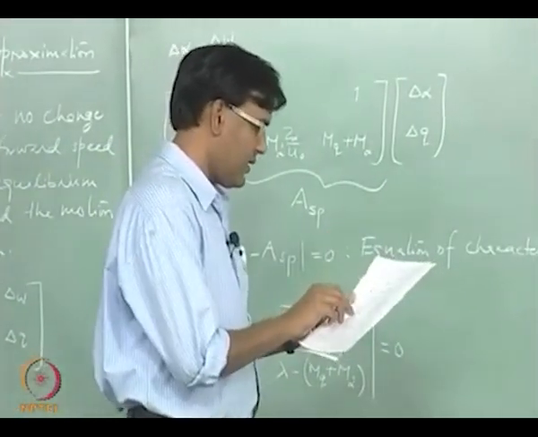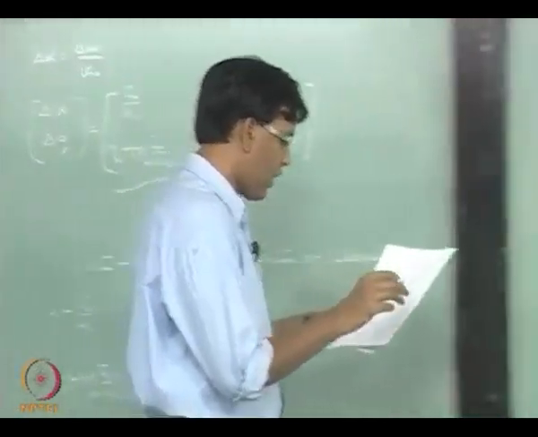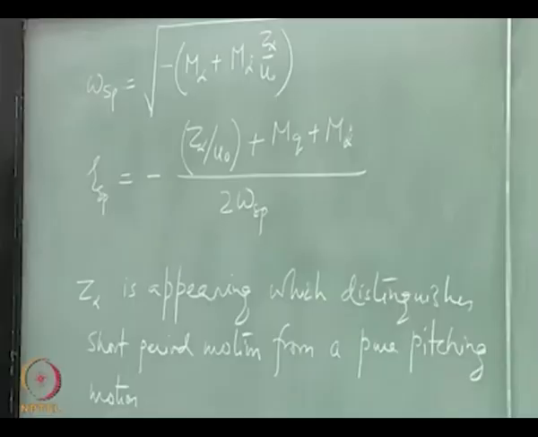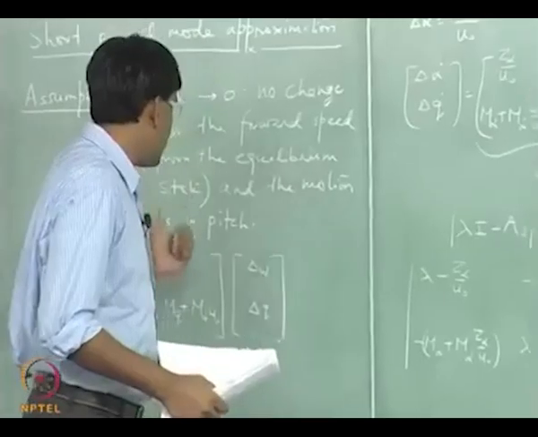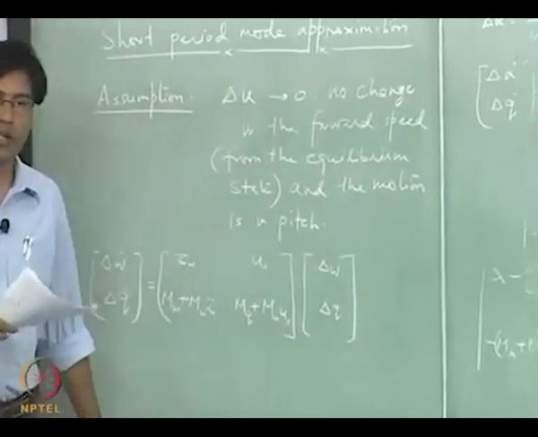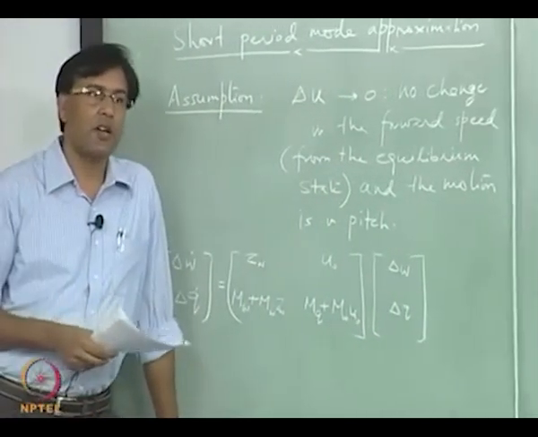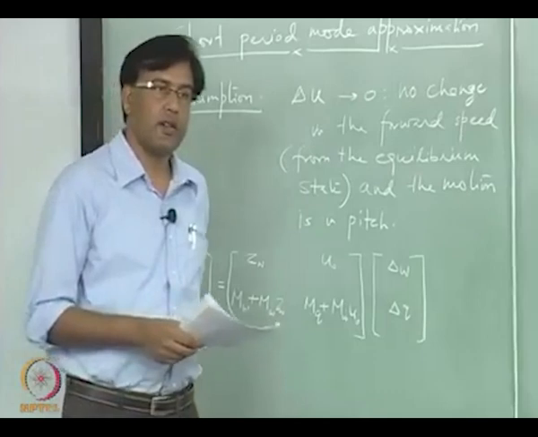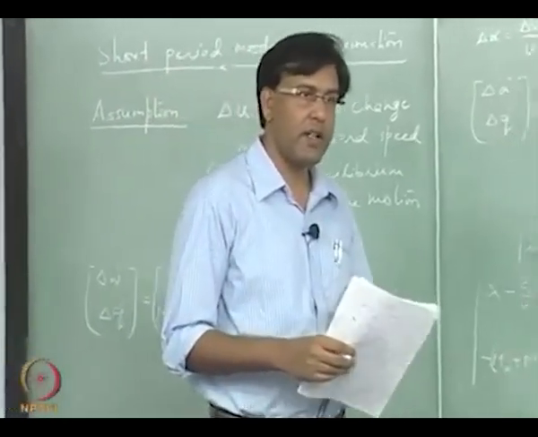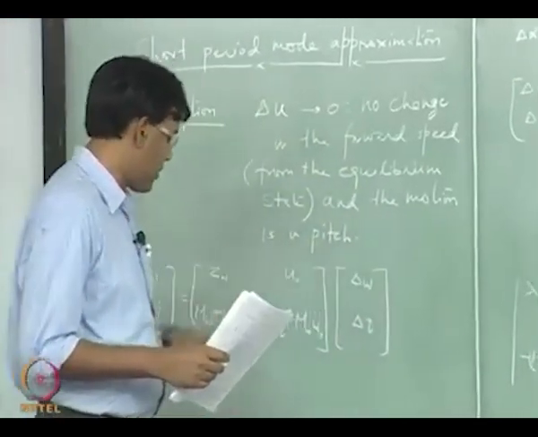Now, what we have done is, based on some approximations, we have come down to simpler models where we have found expressions for damping and frequency for the phugoid and short period modes.